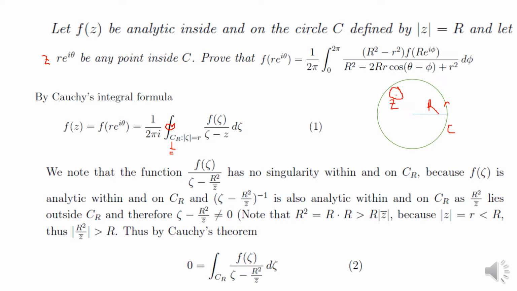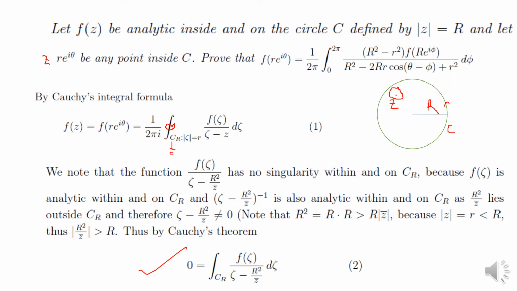Now the inverse of the point z with respect to C_R lies outside C and is given by R²/z̄. So when this is the condition, then the Cauchy integral formula becomes this: the integral over C_R of f(ζ)/(ζ − R²/z̄) dζ = 0.